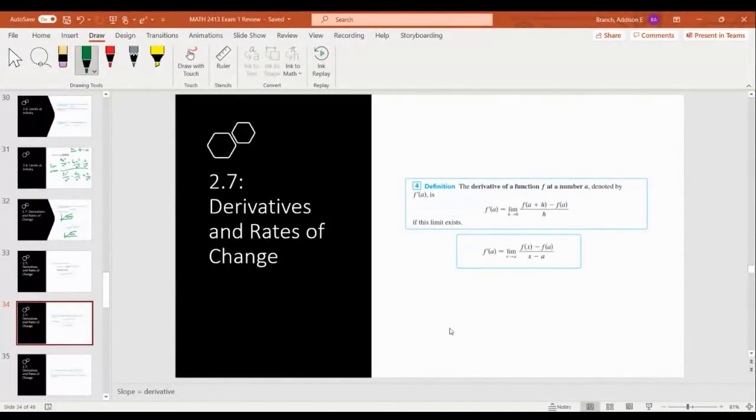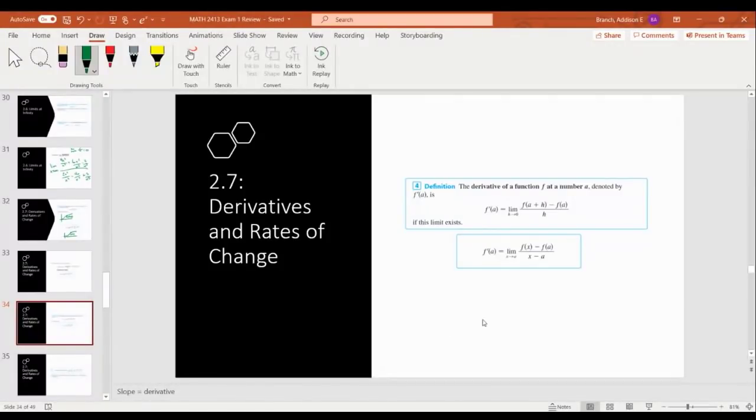And then this can be applied more generally to say the derivative of any function f at number A. The derivative at that point will be the limit as h approaches 0 of f of A plus h minus f of A over h.